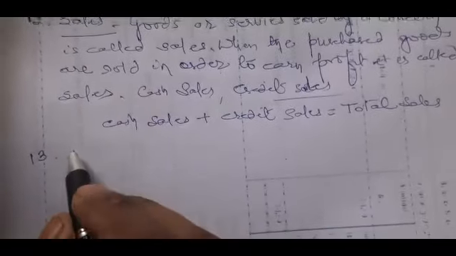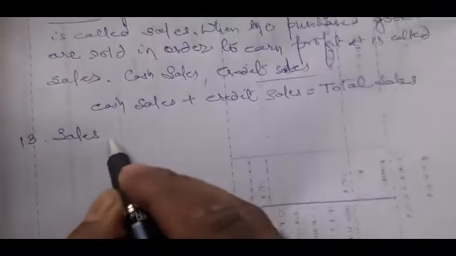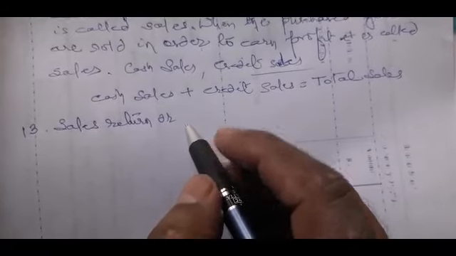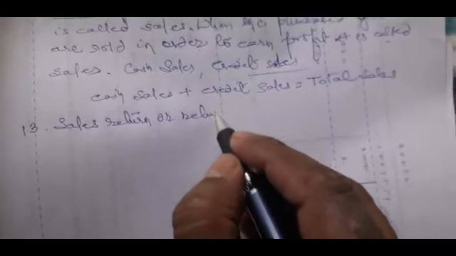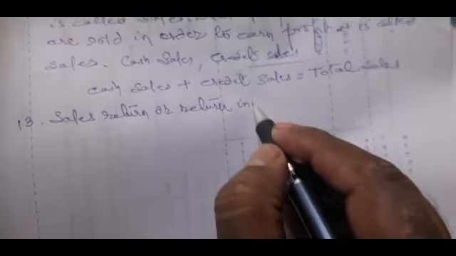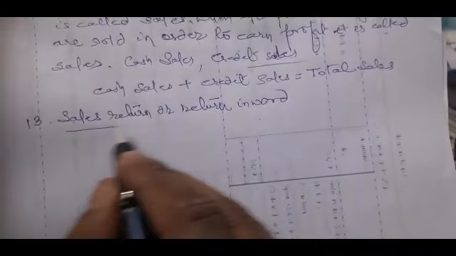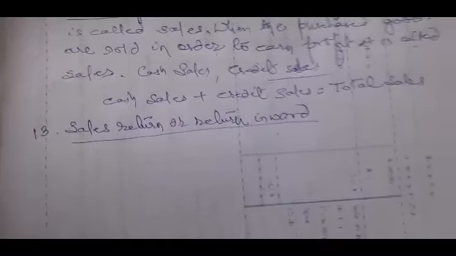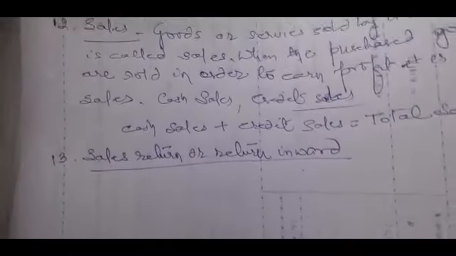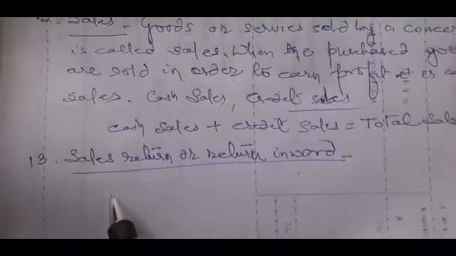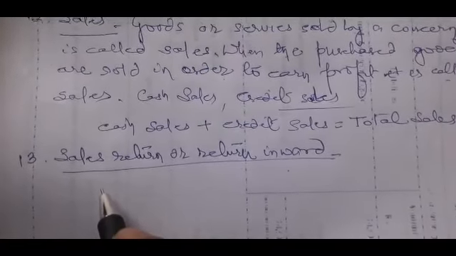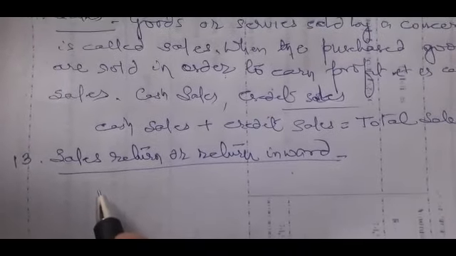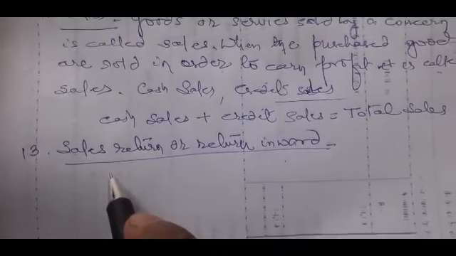Next is sales return, or return inwards. So when the customer to whom the goods are sold returns the goods back to the supplier, it is known as sales return.